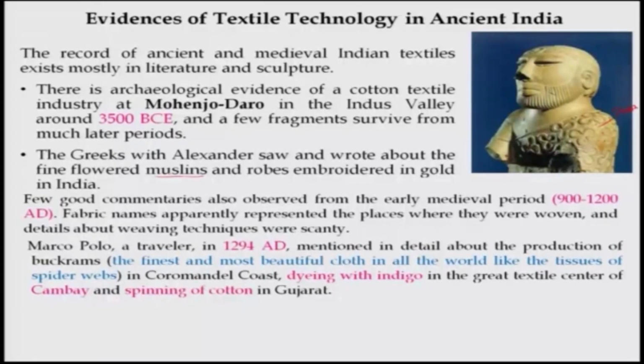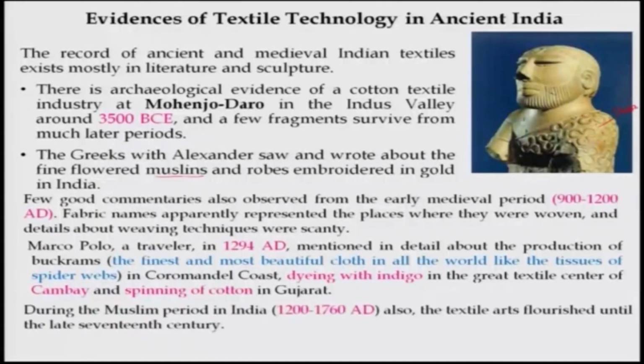Of course, I am not going to talk about the history, which is quite exhaustive. I have taken a few points just to impress upon you that we have evidence that ours were very good in textile technology.